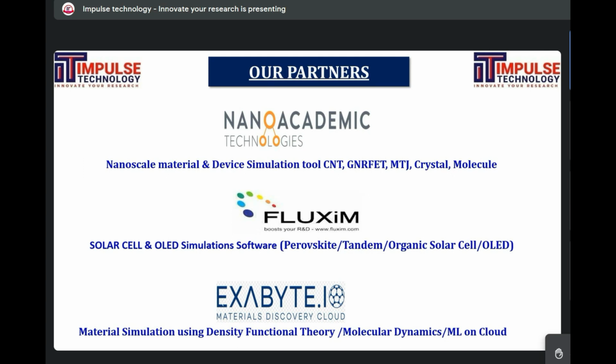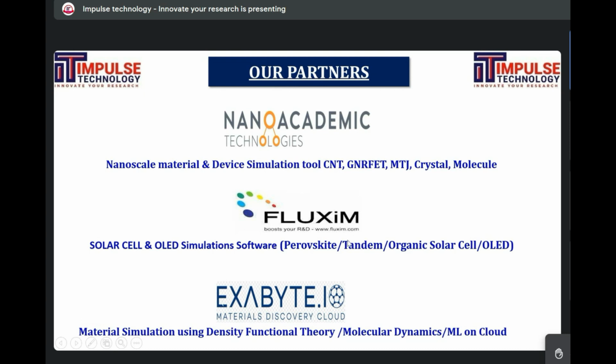My most valuable partner is Nano Academy Technology, and Impulse Technology is a distributor of their software. This is a Canadian-based company that provides a nanoscale simulation tool where you can simulate crystal structure, molecule structure, device structure, graphene, nano ribbons, nanotubes. And if you want to work in the optoelectronics domain, like perovskite, tandem, organic solar cell, thin film, OLED, then we have another partner.